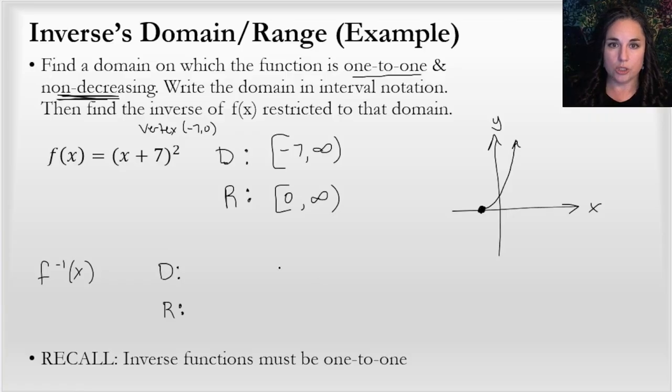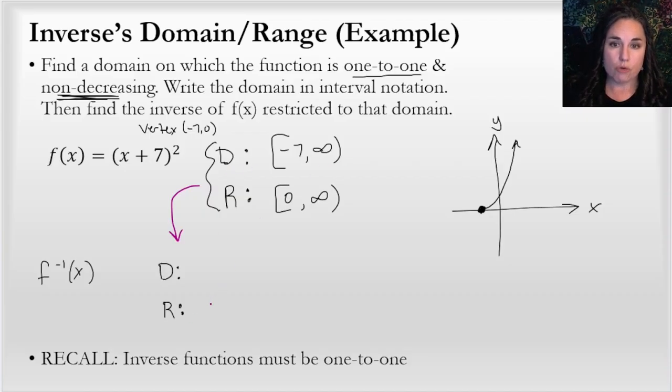I'm just going to use what I know about the domain and range of the original function to write the domain and range for its inverse. What we know is that input and output switch. So whatever the domain was for the original function, that's the input, it becomes the output.